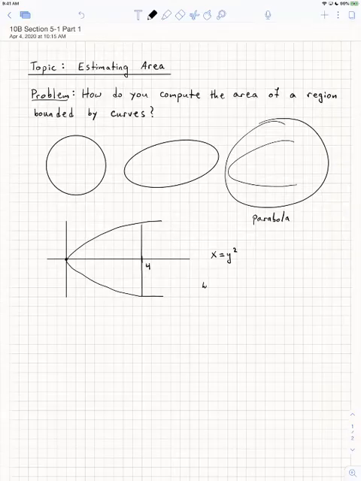So what is the area of this parabola bounded by the equation x equals y squared and, let's say, x equals 4?